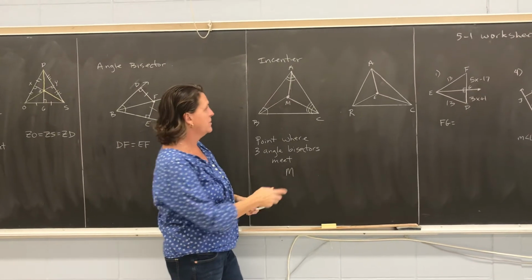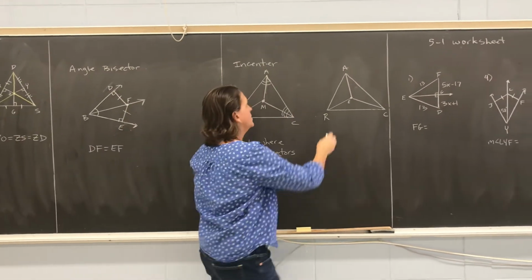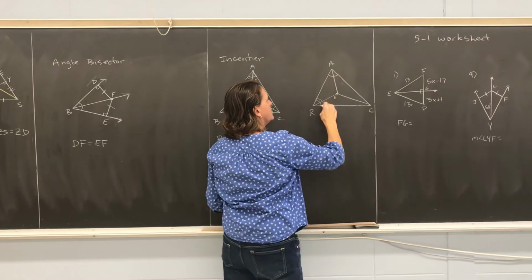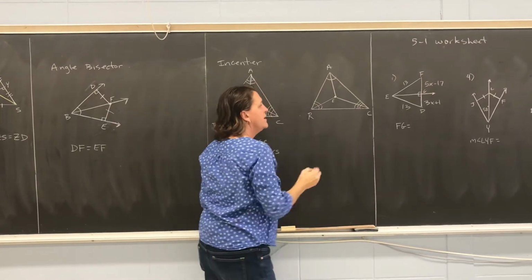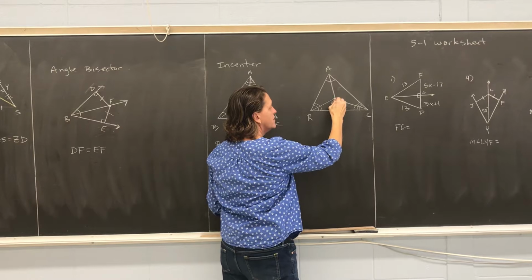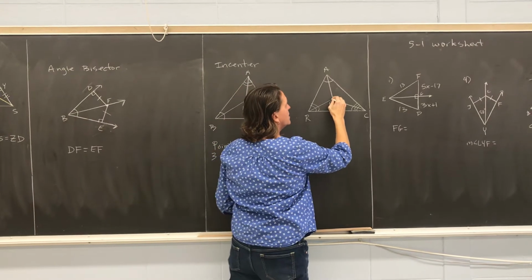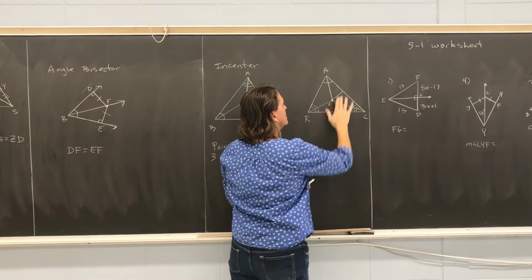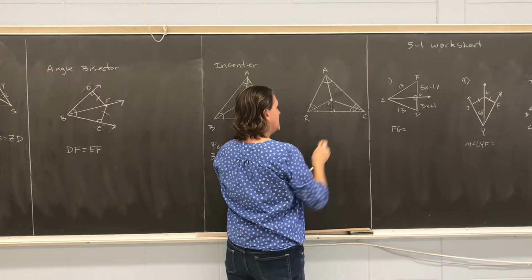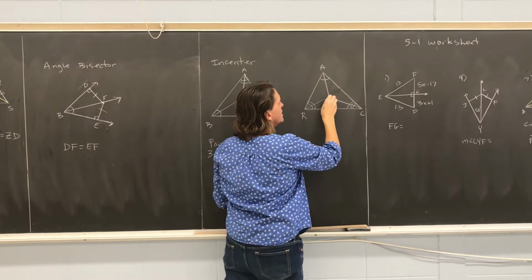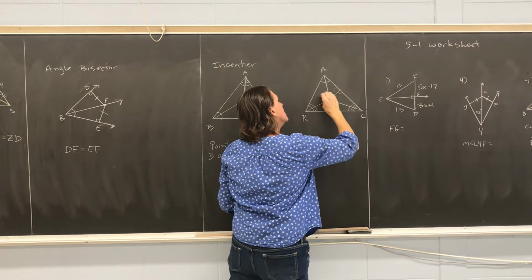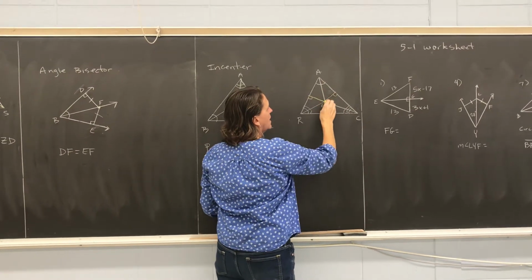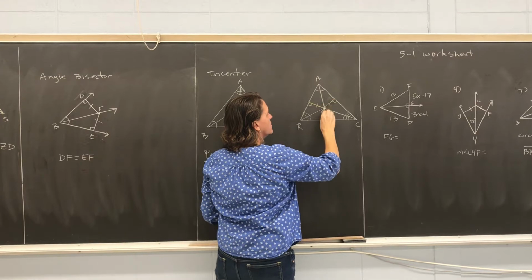Okay, so I drew my lovely picture here. So here's three angle bisectors. If I were to draw perpendiculars straight down in each one, oh, I should be doing this with yellow, shouldn't I? Hold on. Let me get my yellow chalk so you can see it. So if I draw these straight down, then automatically I now know that these are all equal.